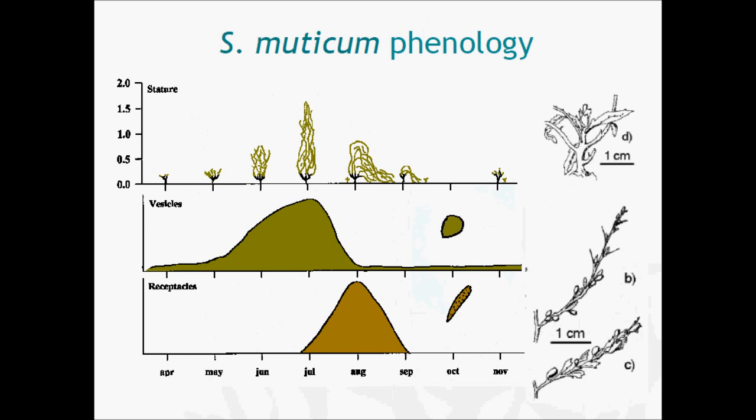So this is the phenology of Sargassum muticum. This is the winter morphology, just short plants, just the basal part of the plant. In winter, they grow. In spring, they attain the maximum densities. All this depends on where, but it can be in Northern Europe in June. And they have gas vesicles.